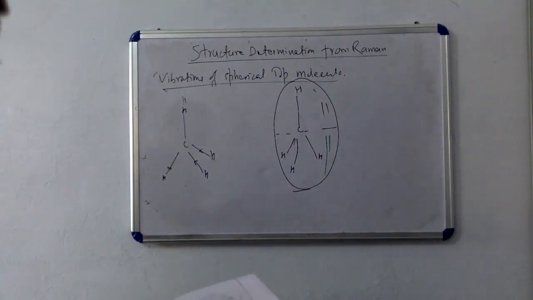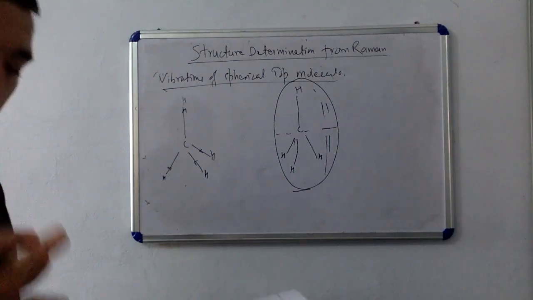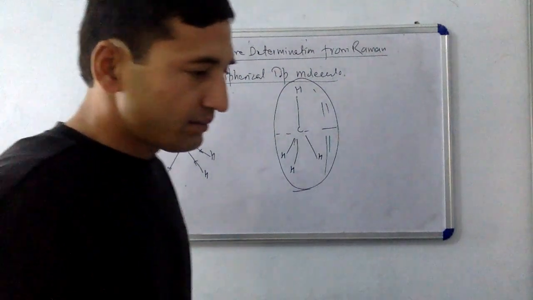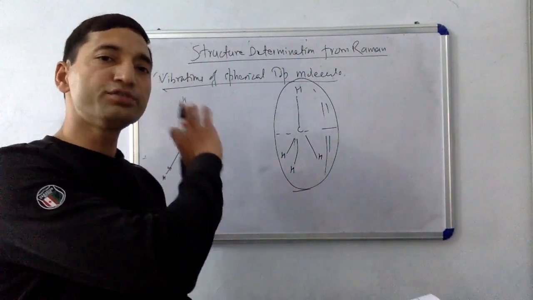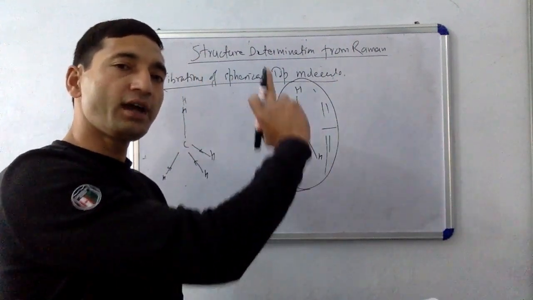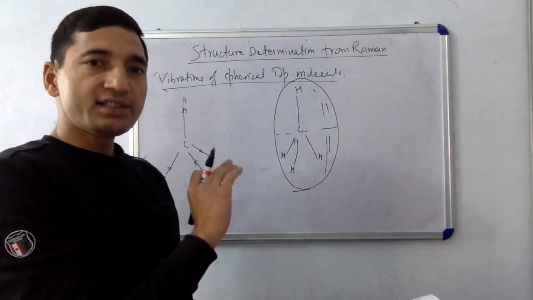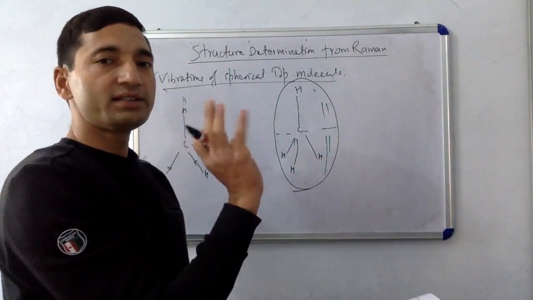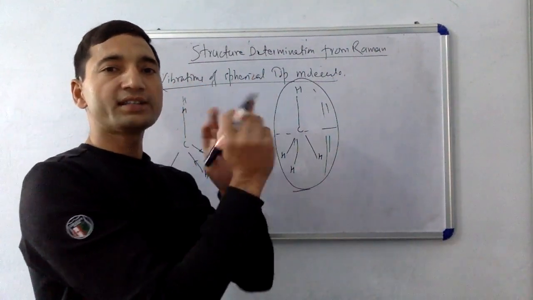Because of the lack of spherical symmetry in the vibration, the induced dipole moment will be randomly oriented, and the observed Raman spectra will be depolarized, because it can be in all directions. Before, it was fixed in the XY plane only, so the vibration was only along the XY plane. Now, because you have this ellipsoid, you have all directions in the shape.